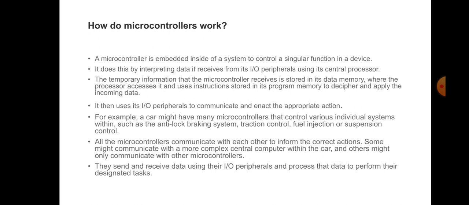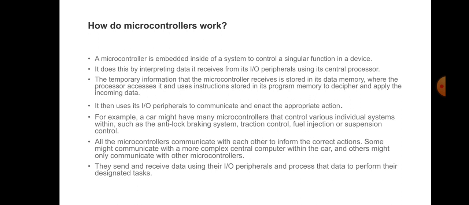The temporary information the microcontroller receives is stored in its data memory, where the processor accesses it and uses instructions stored in its program memory to decipher and apply the incoming data. It then uses its input/output to communicate the appropriate action.